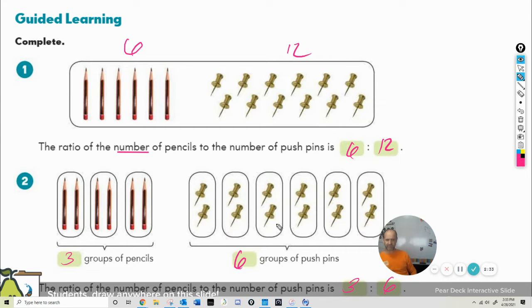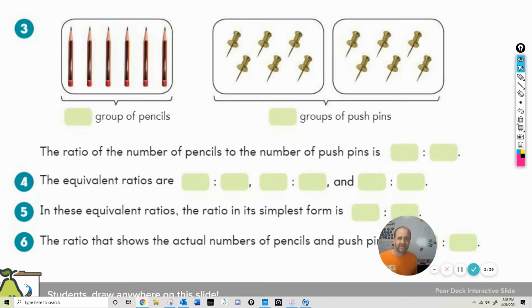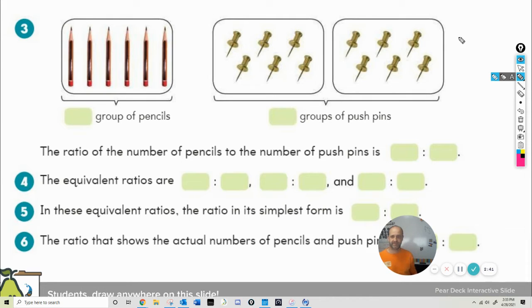Do you think they might regroup them again? I bet they do. Now it's 1 group to 2 groups. So the ratio of the number of pencils to number of push pins is 1 to 2.